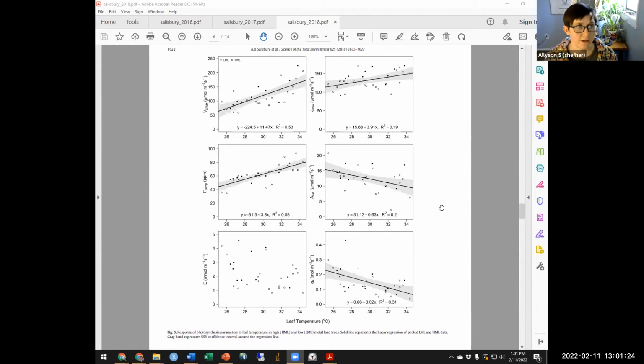And then I show the regression results. On this set of panels, I got kind of fancy, because only 5 of our 6 variables had a significant linear relationship. Our transpiration rate did not have a significant linear regression associated with it. So that's why this panel doesn't have a line going through it.